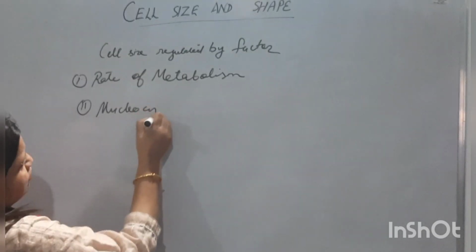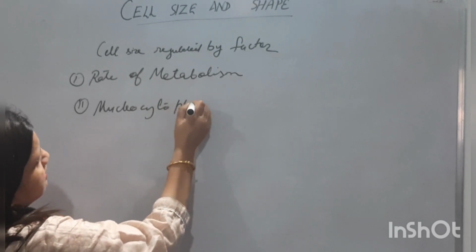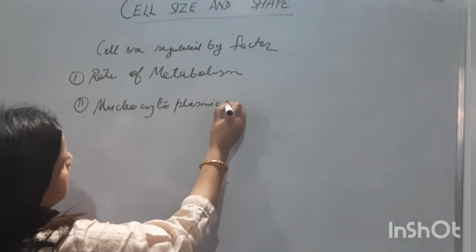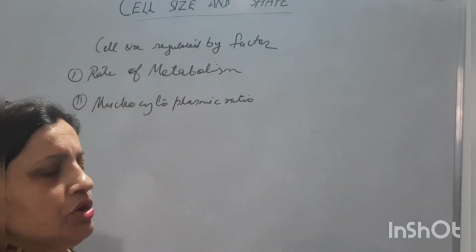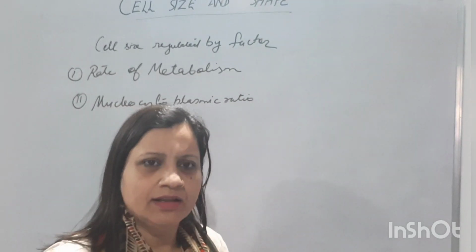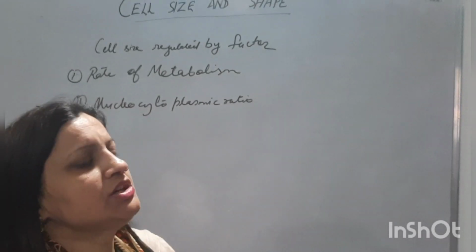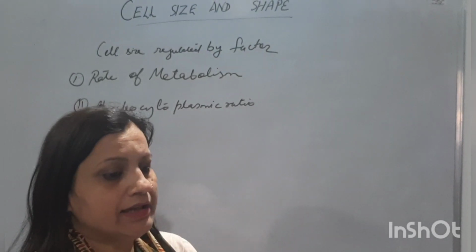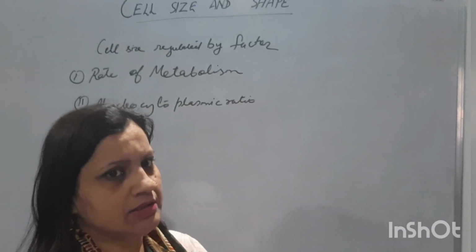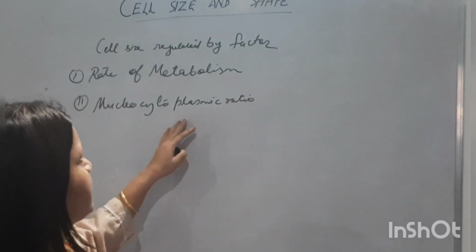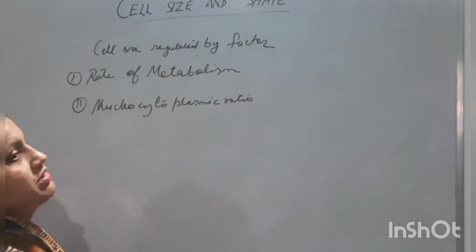Second, I will say the nucleocytoplasmic ratio. We know the nucleus controls the activity of the cell, and whatever the cell content activity is, it is regulated by the nucleus. So it is very important to maintain the cell size. So nucleocytoplasmic ratio is important.